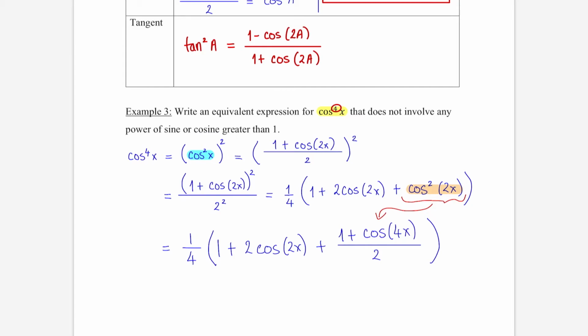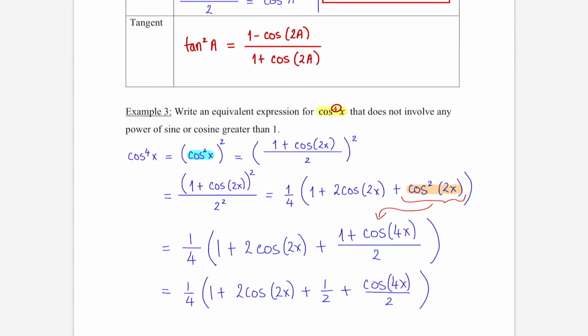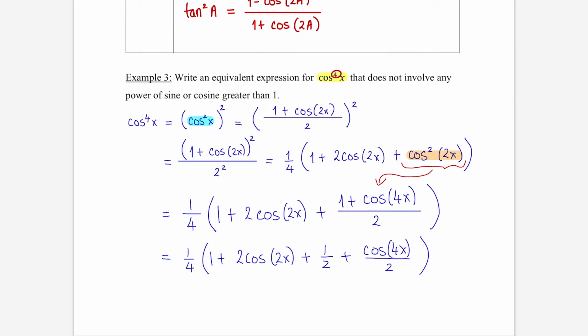Right, next I am going to just simplify everything out. So I have 1 plus cosine 4x over 2. That is equivalent to 1/2 plus cosine 4x over 2. Right, so I am going to combine like terms. 1 plus 1/2 is 3/2.